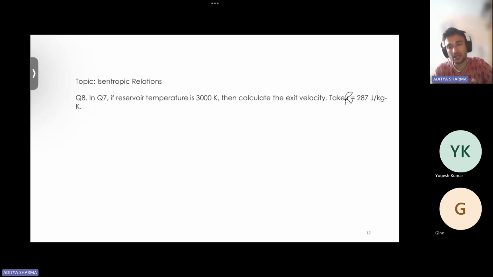From the previous question, at the exit we have the exit Mach number. And we know Mach is the velocity of the flow divided by the speed of sound in that flow.